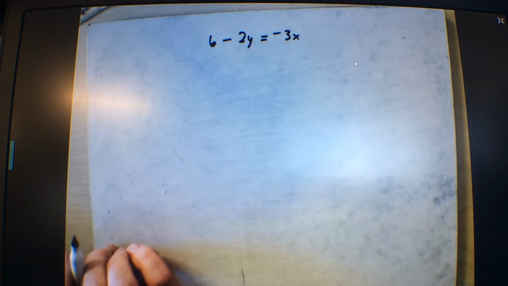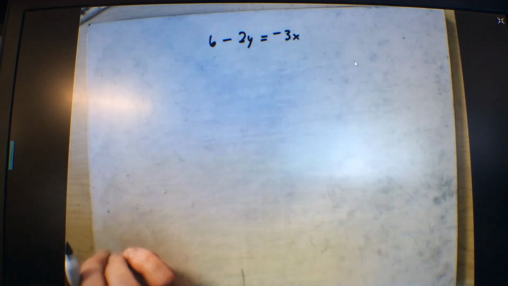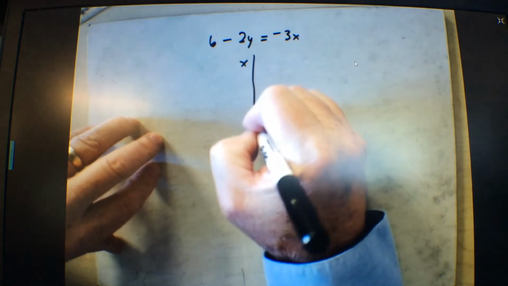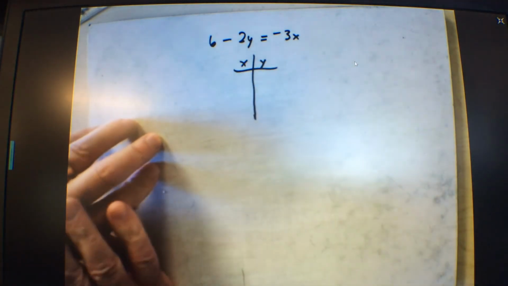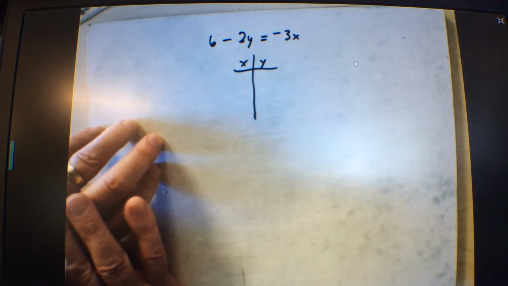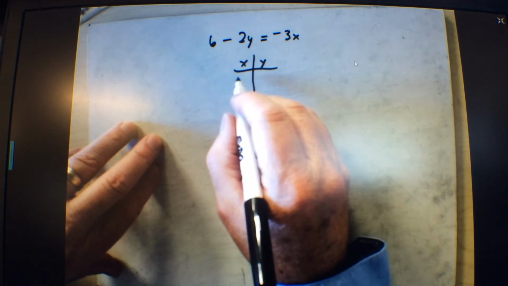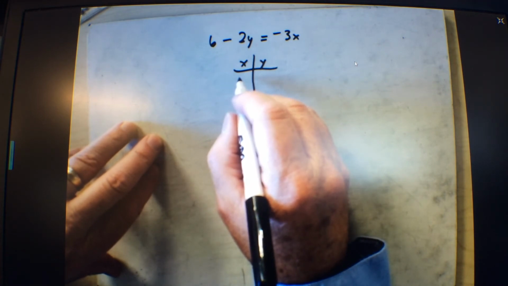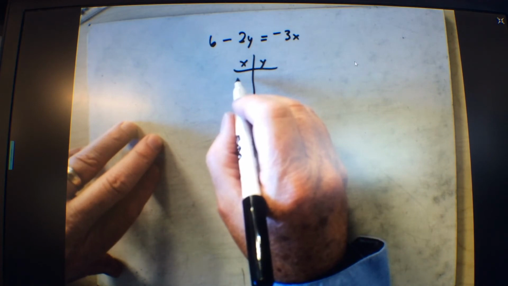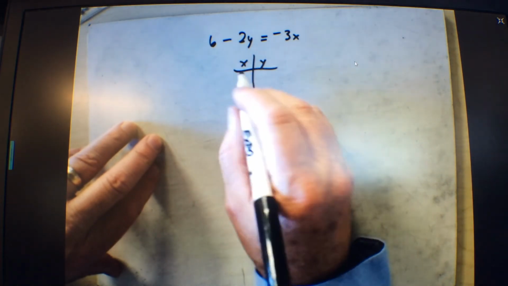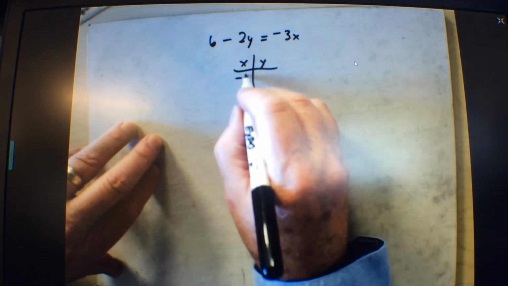Pay attention. It's linear, but it's not in standard form. So I'm going to do a t-table. This time I'm going to mess with you a little bit. I'm going to do more than 2 points, just to show you that you can do any points. I usually put in values for x, but you can put in values for y. I'm going to put in for x a -1.